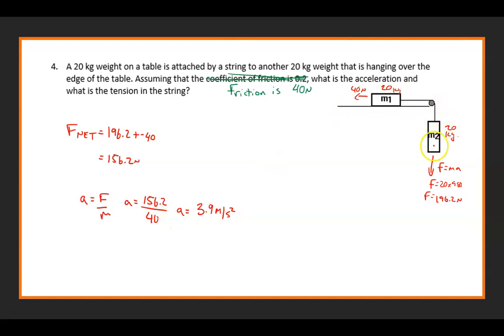Now that we've got the acceleration of the objects, we can zero in on one of them, and it doesn't matter which one, but let's choose this one here. And you've got two forces acting upon this, the 40 and some tension in the string.